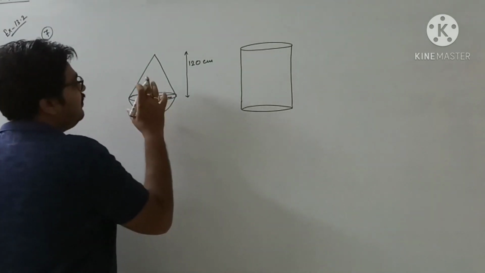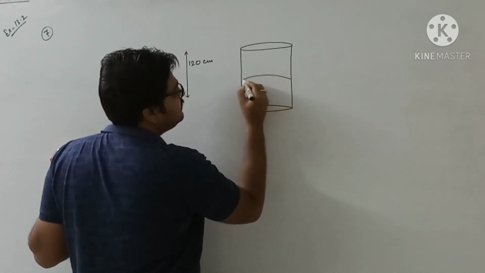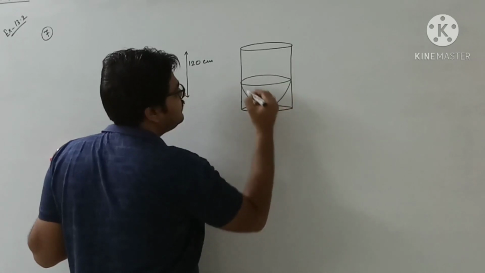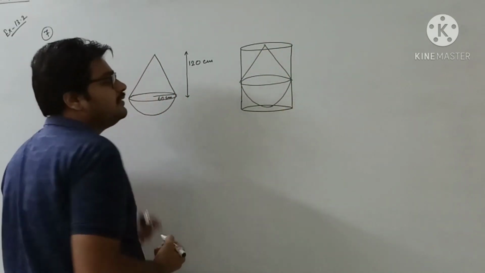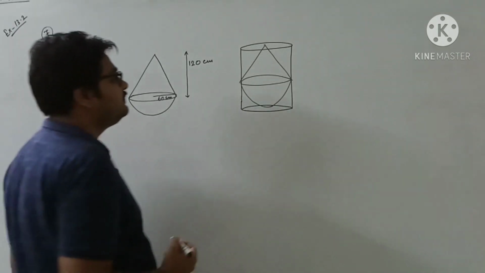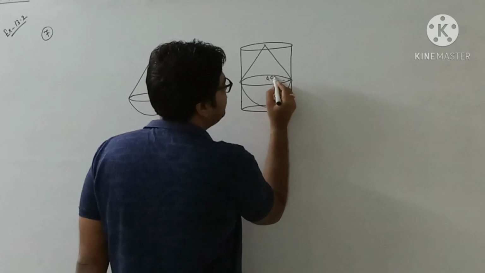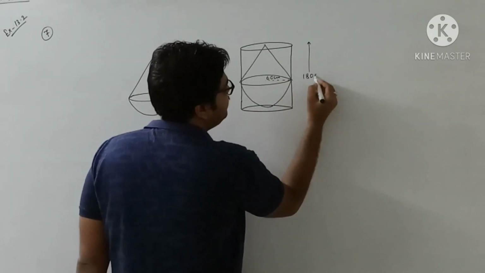That means whenever I keep this one in the cylinder, it looks like this. This one is 60 centimeter. This height is total 180 centimeter.